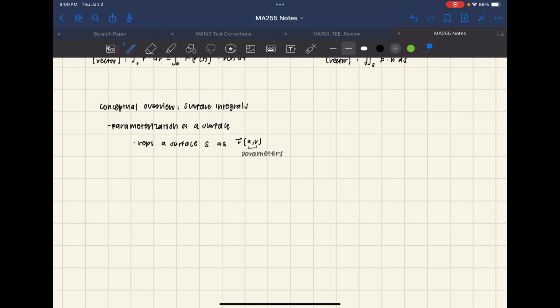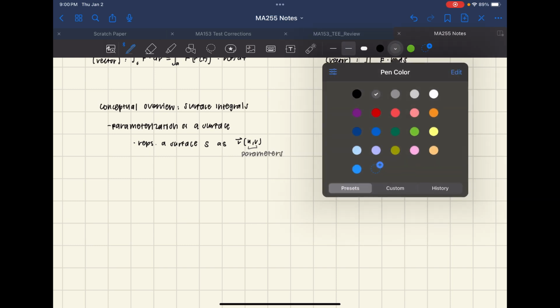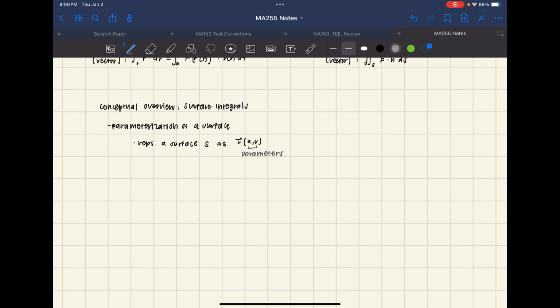So for example, for z equal to f(x, y), we would write it as that. Okay, so next we're going to look at the differential surface area.